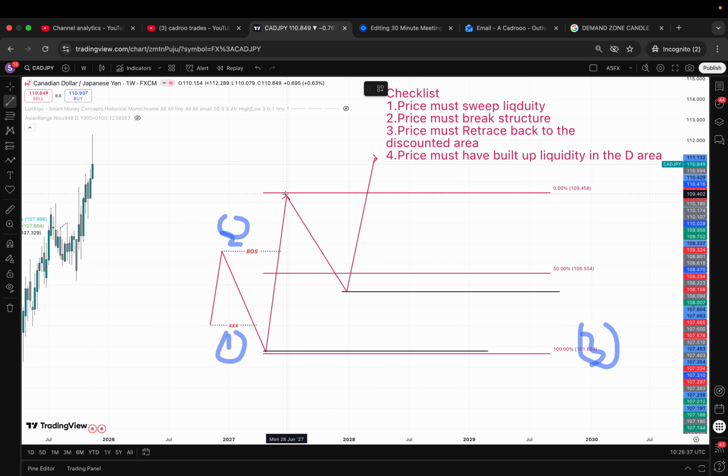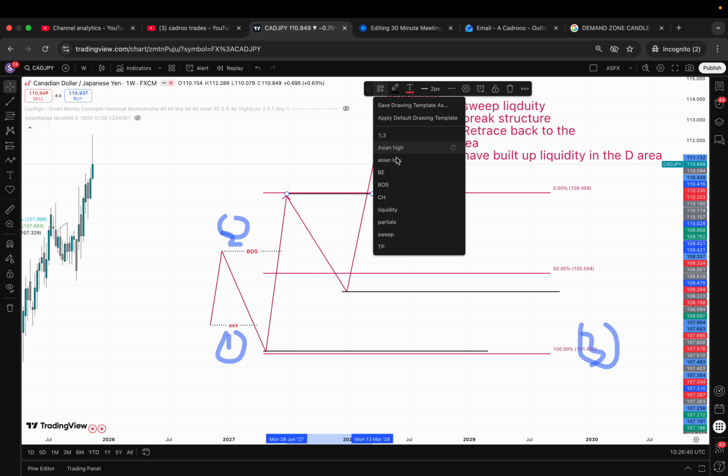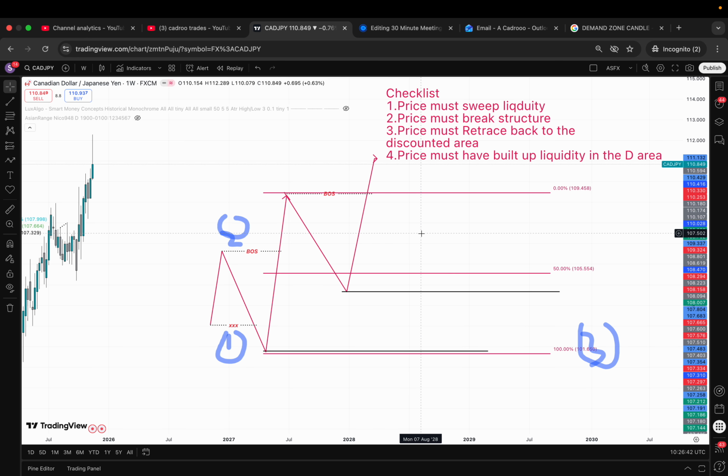This is why I first explained liquidity to you guys. Price must have built up liquidity in the discounted area. As you can see now, price has built up liquidity in the what? Discounted areas.